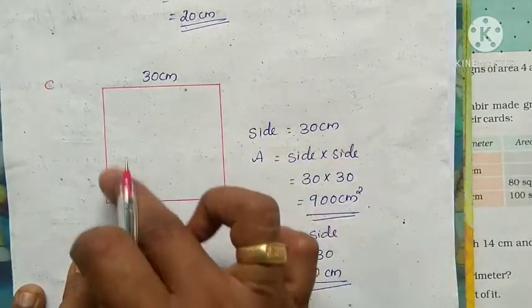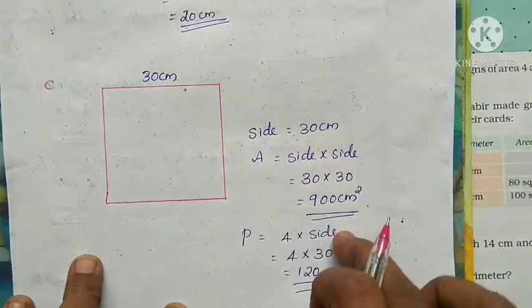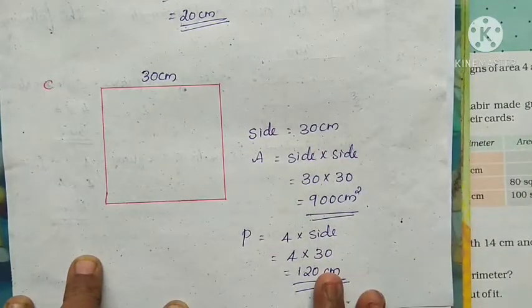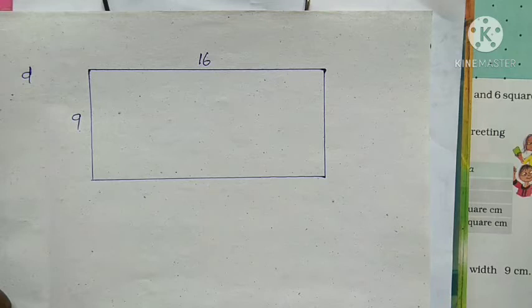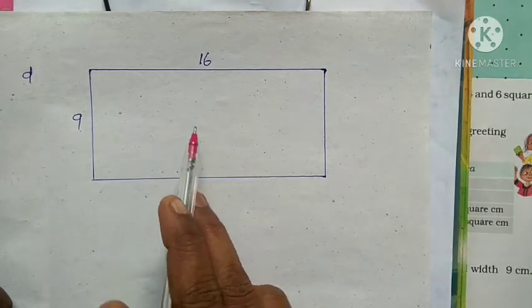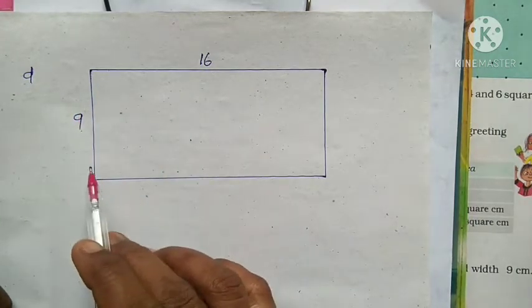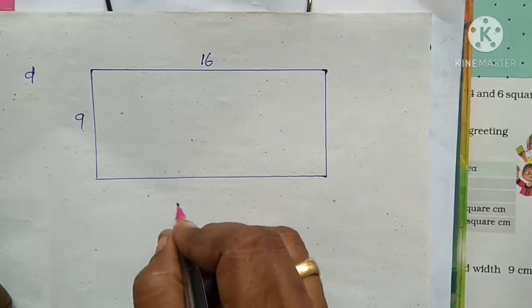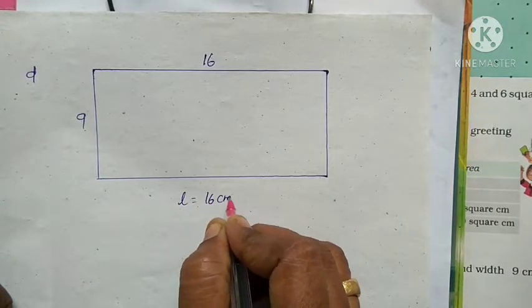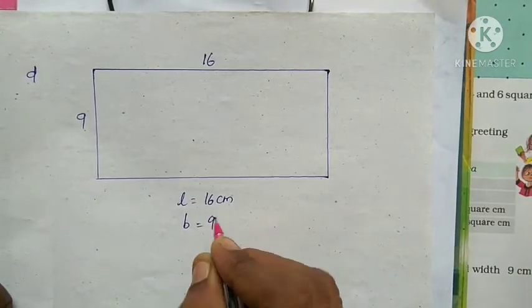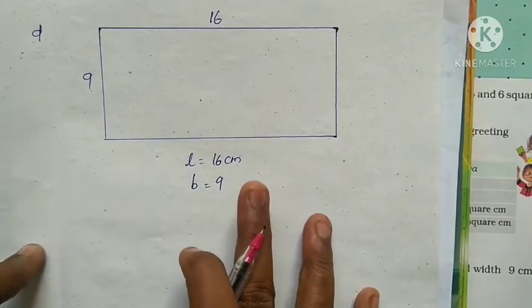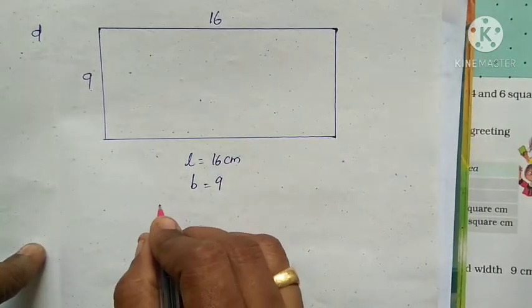If the picture is given, we use this formula to find out the area and perimeter. Understand? We need to find out the area and perimeter of this figure. So length is given and the breadth is also given. So length is equal to 16 centimeter and the breadth is equal to 9 centimeter. So how can we find out the area of this figure? Yes, we know the formula.